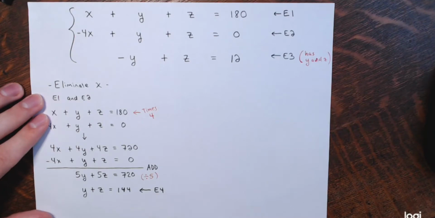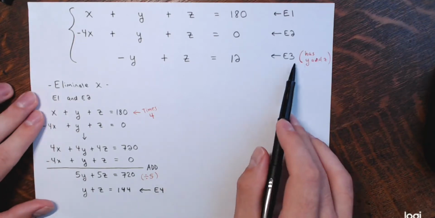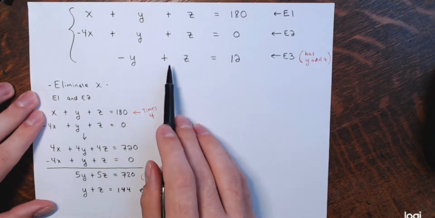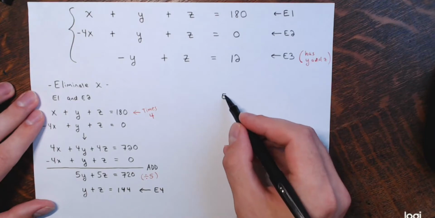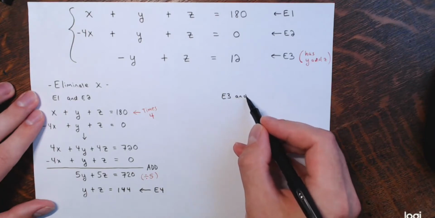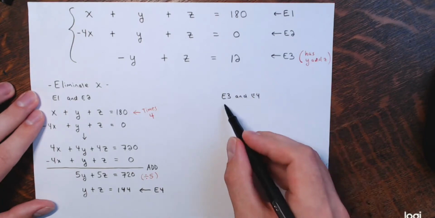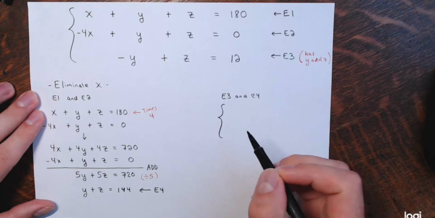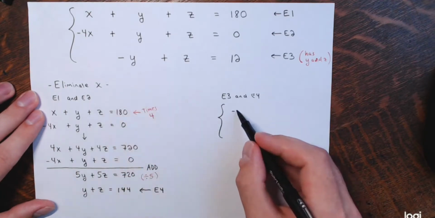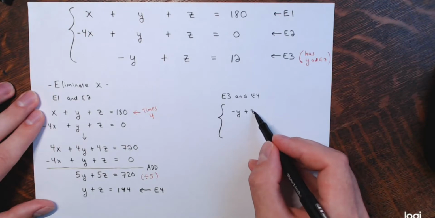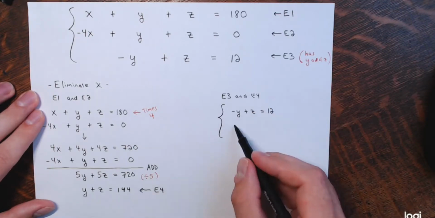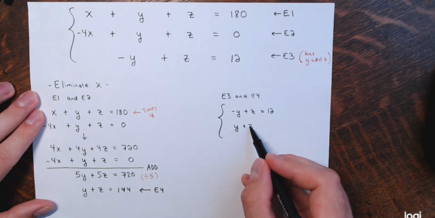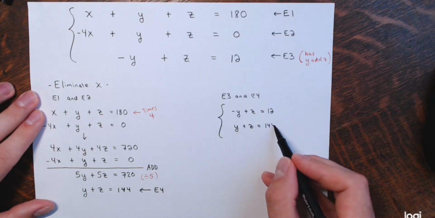All right, so now look at equation 3. That has just y and z. Equation 4 has just y and z. So those two together, equation 3 and equation 4, make a system of two equations with two variables: negative y plus z equals 12, and y plus z equals 144.